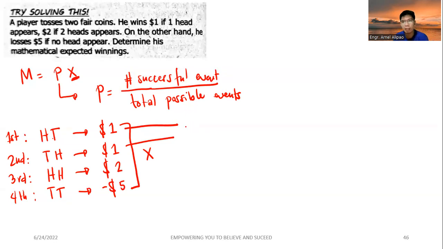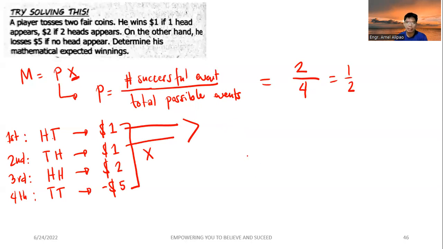So the question would be how many successful events are there when the player earns $1? There are two events out of how many total possible events? There are four. So that is 2/4, so this is 1/2, right?